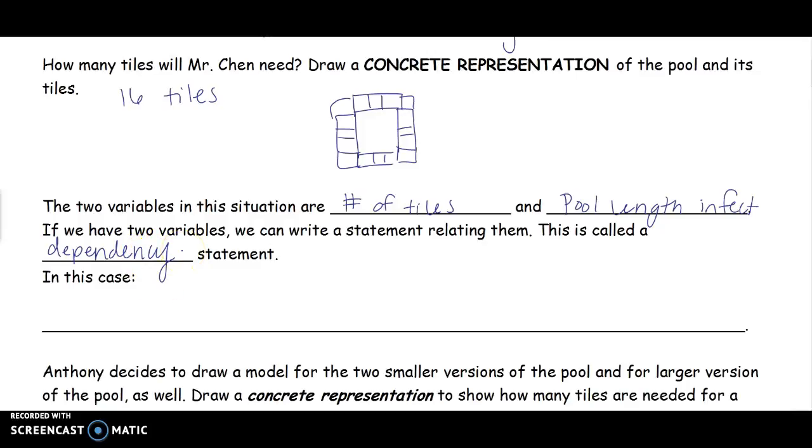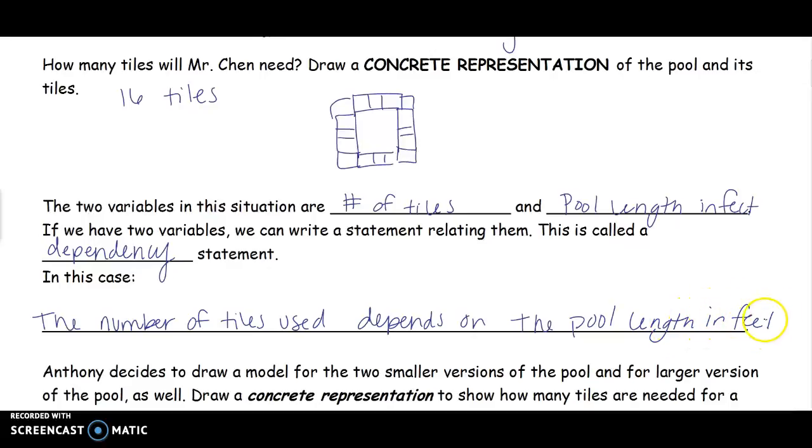In this case, we would say the number of tiles used depends on the pool length in feet. Again, we're going to talk more about this tomorrow.